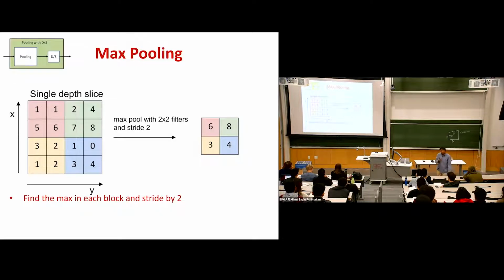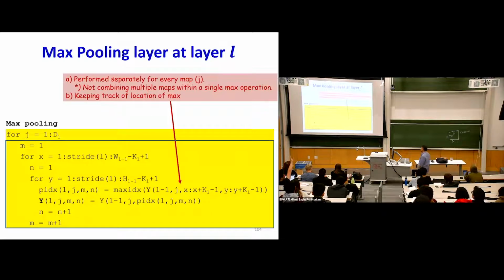If you were performing a mean, it's convolution with a linear operation, followed by downsampling. So although in an actual implementation you just have a stride in the pooling code, conceptually it's more convenient to think of it this way. This is going to be performed separately for every map.